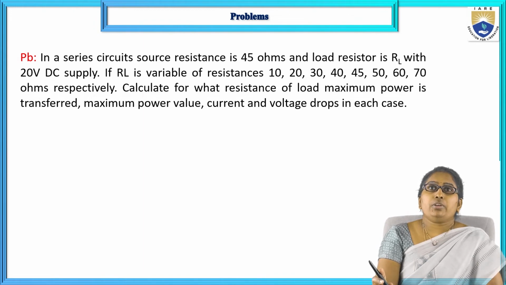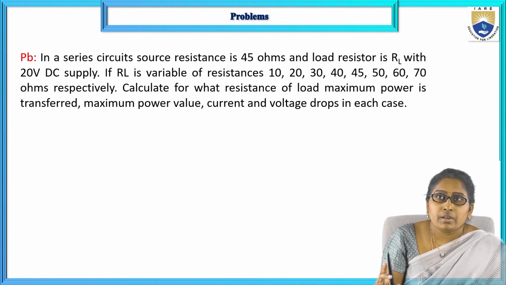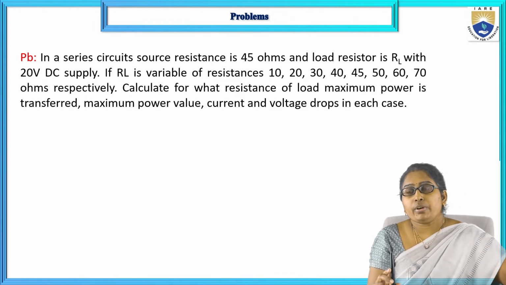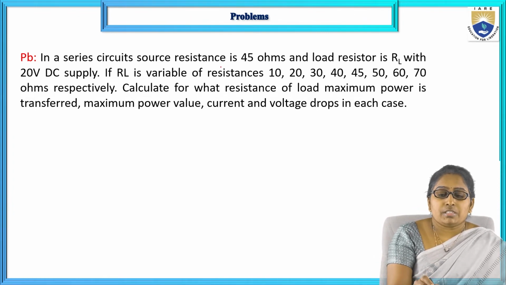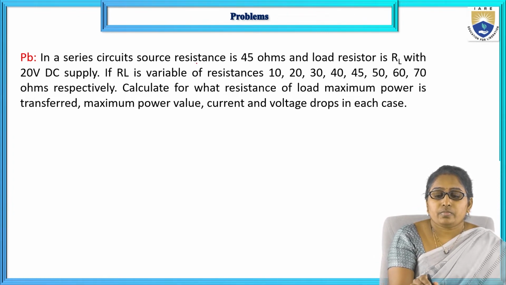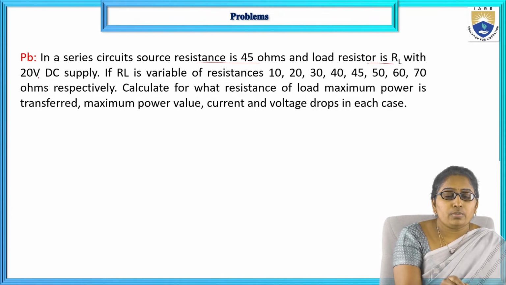In a series circuit, the source resistance is 45 ohm and there is a load resistor RL with a 20 volts DC supply. They are telling that the source resistance is 45 and there is a load resistor RL with 20 volts DC.